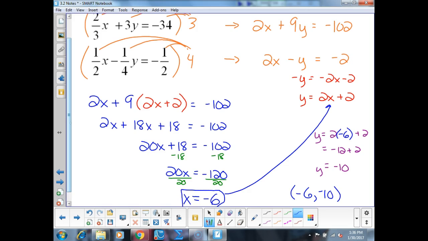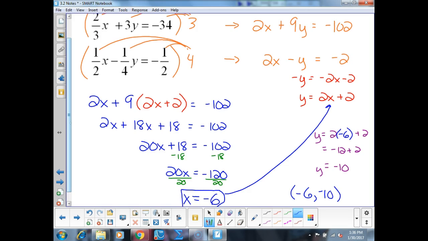Always check back in your original equations. So 2/3 times negative 6 is negative 4. 3 times negative 10 is negative 30. Negative 4 plus negative 30 is negative 34. Checks out in the first one. Okay? 1/2 times negative 6 is negative 3. 1/4 times negative 10 is negative 5/2.